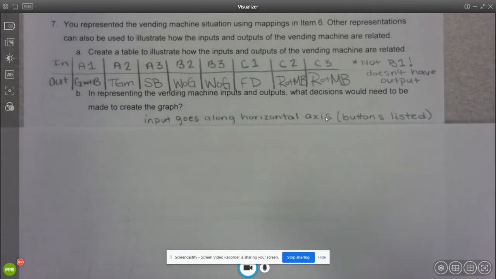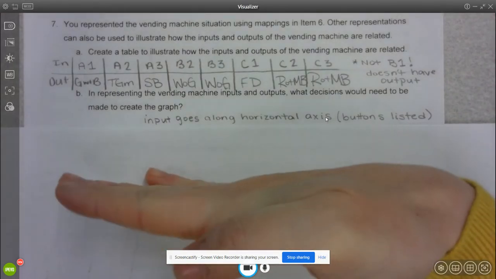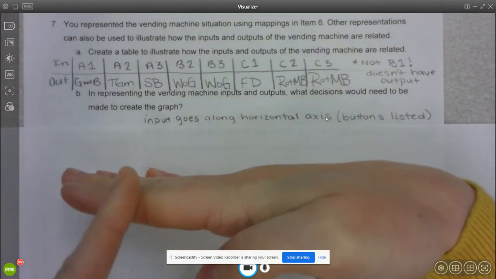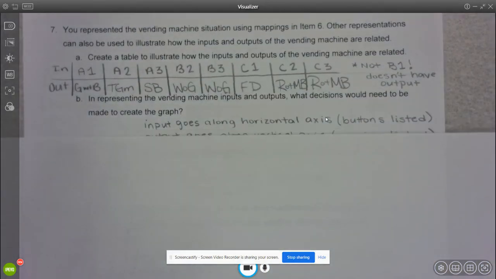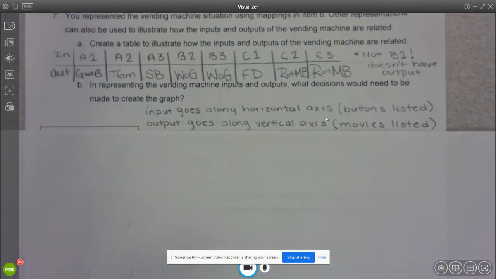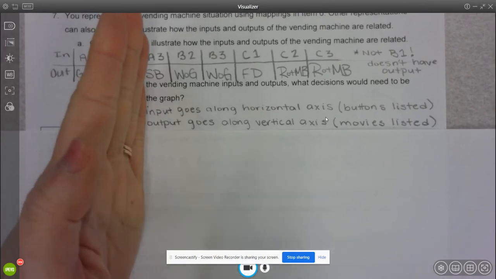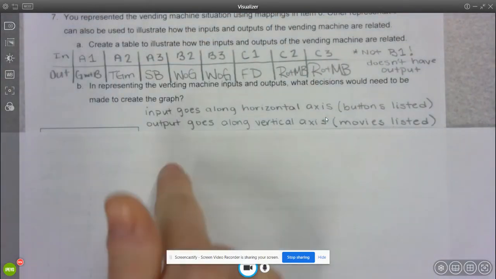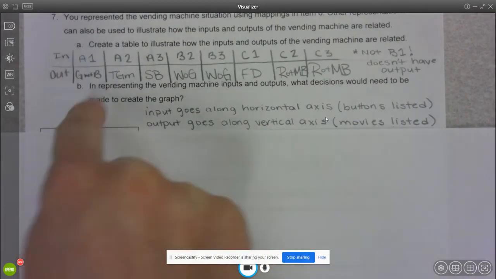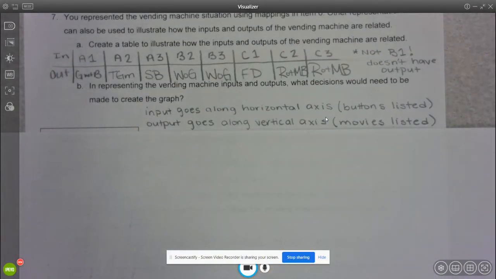So that would be this way on my graph, and each tick mark would just be a button. And then vertically, we're going to have our outputs. So I would list my movies along the vertical axis. Each tick mark would be a different movie, and then each corresponding ordered pair would be a point.